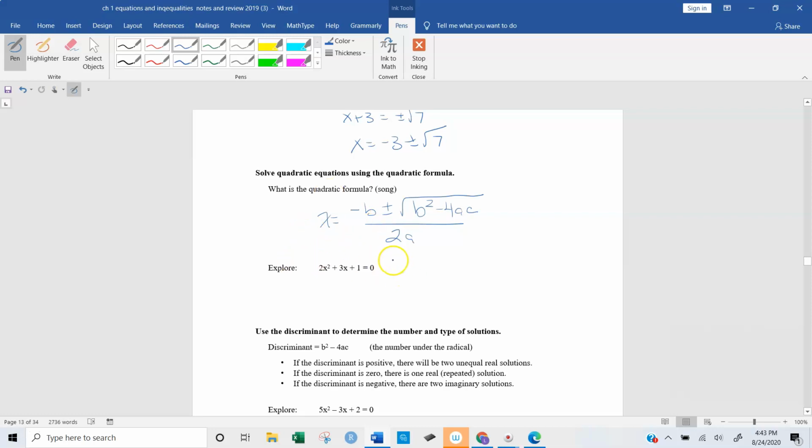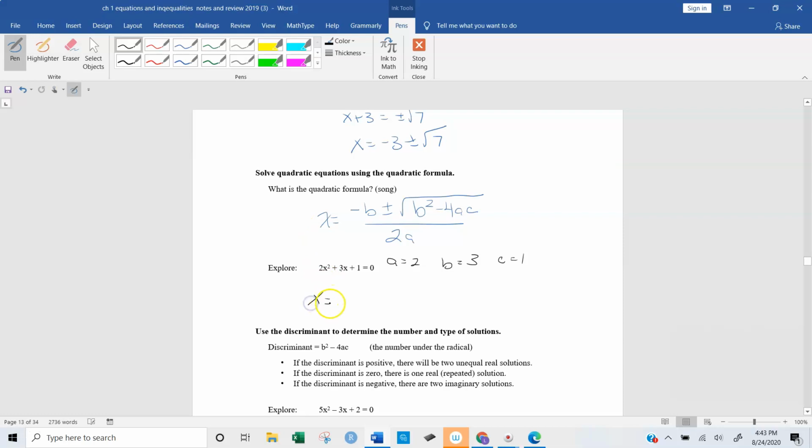So over here, we've got 2 is your a. I don't like the way that looks. So we have a, let's start that way. A is 2, B is 3 from here, and C is 1. Now we just plug it in.